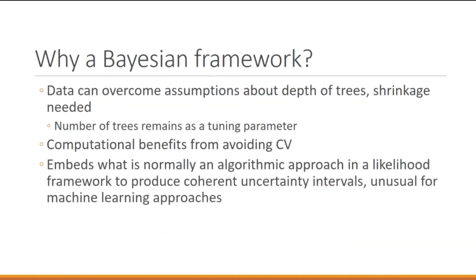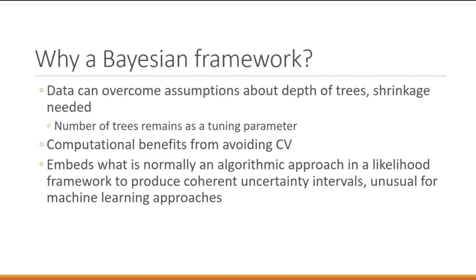So why Bayesian? There are a few reasons that I think are pretty strong here. First of all, the data can overcome assumptions about the depth of trees or the level of shrinkage needed, because the prior encourages very small trees and a certain level of shrinkage towards zero, but it is not a fixed value.